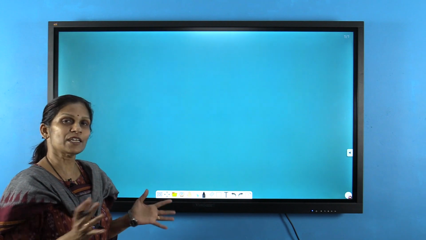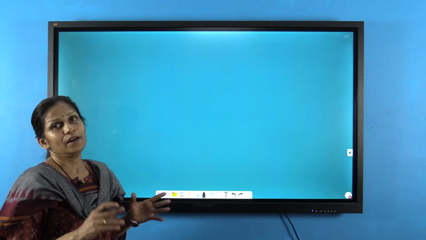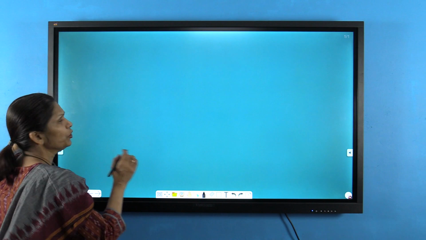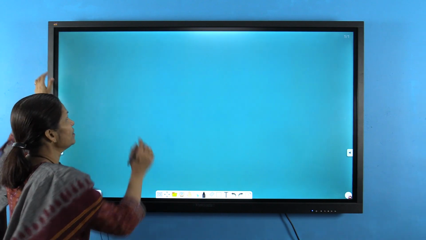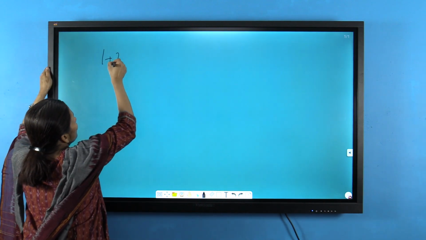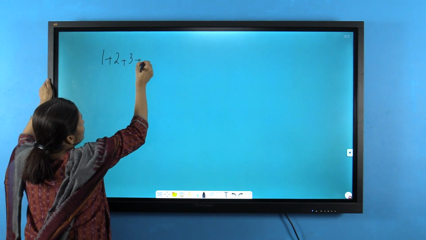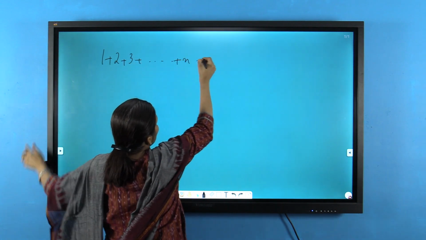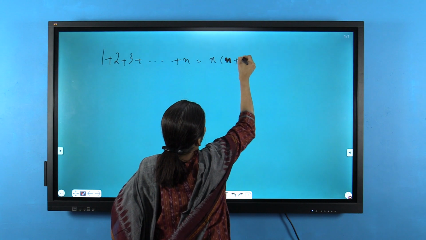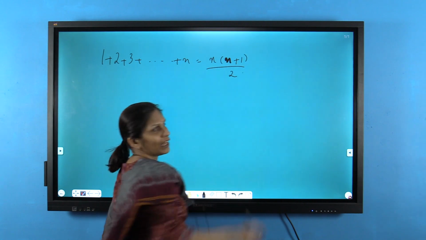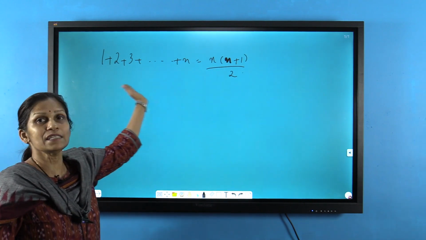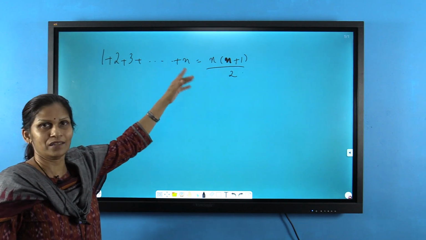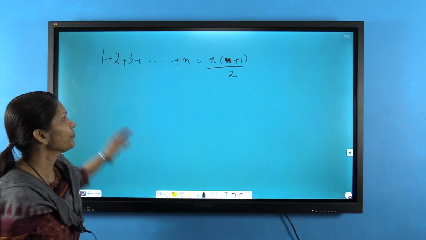Now, another set of sequences whose formula you should memorize. You do not need the derivation, but you should understand. Sum of the first n natural numbers is n into n plus 1 by 2. Though you do not know the derivation, just remember that this is an AP with n terms. You would have this as the answer.